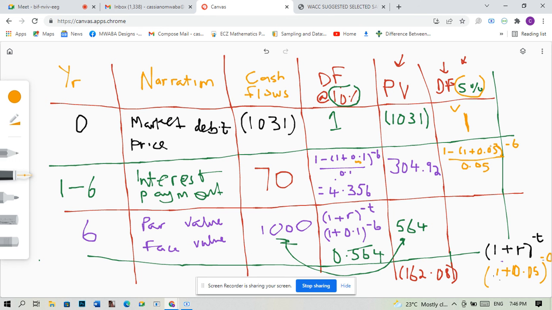Now 1 minus 0.7462 gives us 0.2538. Then 0.2538 divided by 0.05.